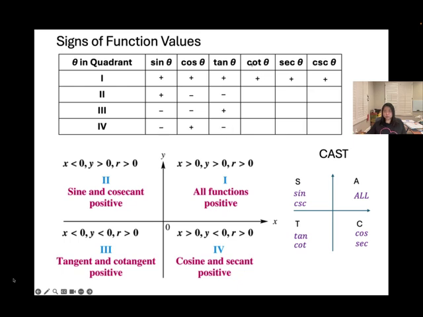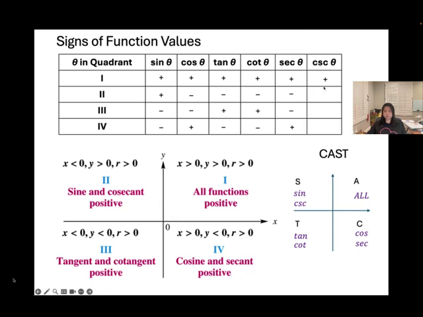Now I'm going to work on the cotangent. Remember the reciprocal identities. Cotangent is equal to 1 over tangent, so that will follow the tangent data. Positive, positive. If this is negative, this is negative. Positive, positive, negative, negative. Then secant, you could copy the sign of cosine. Secant and cosine.